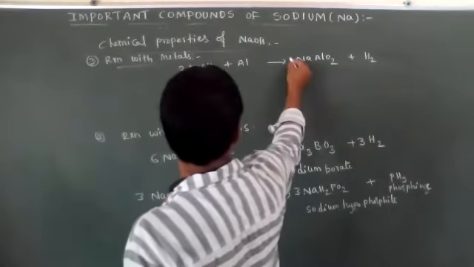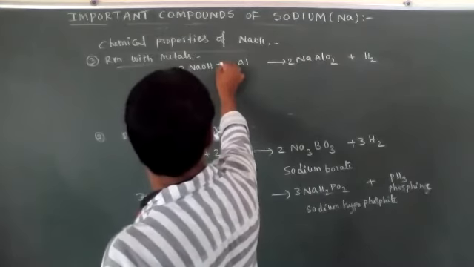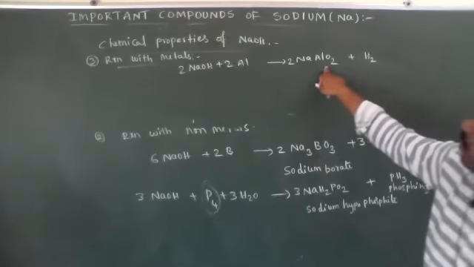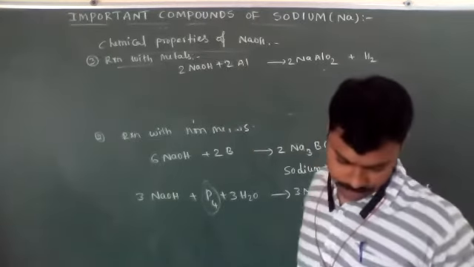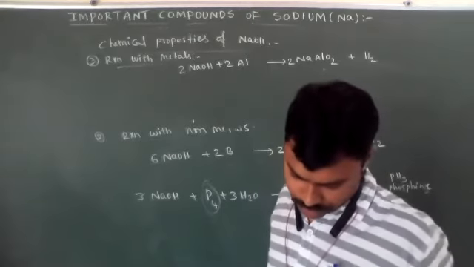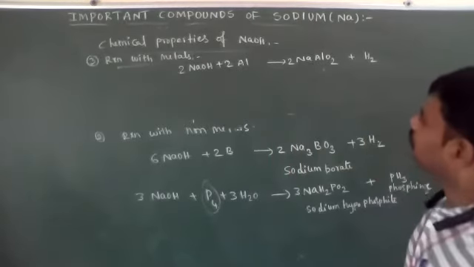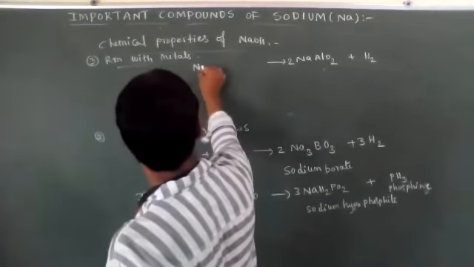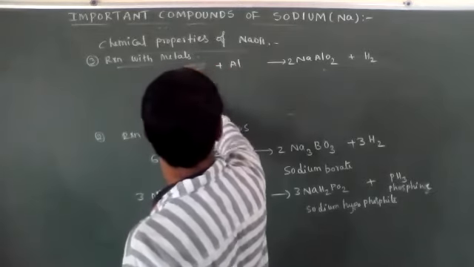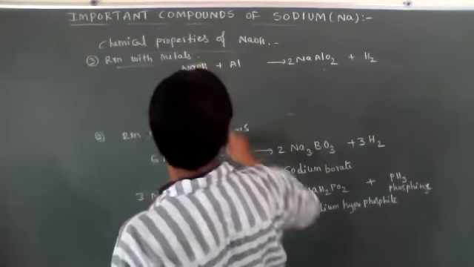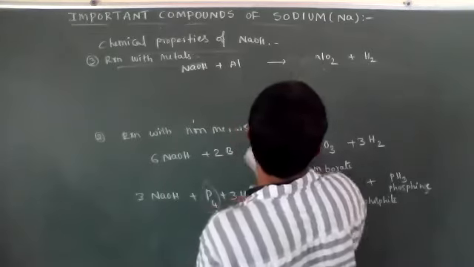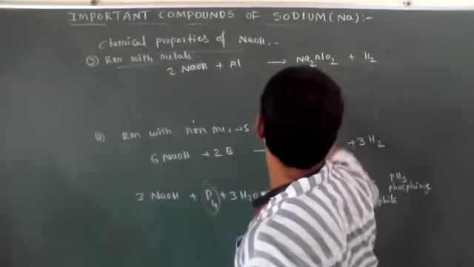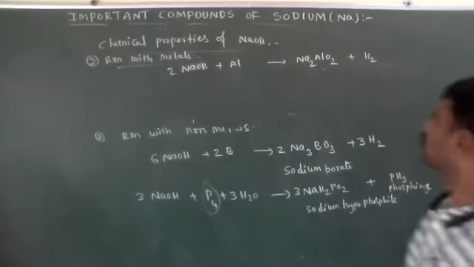You have to take 2 moles of aluminum. Sodium hydroxide reacts to form Na to AlO2. Sodium aluminate will form.